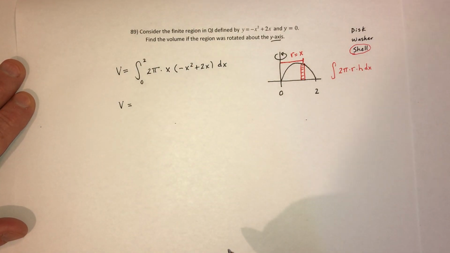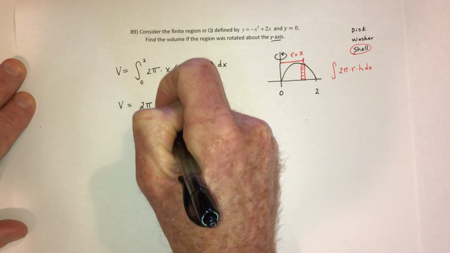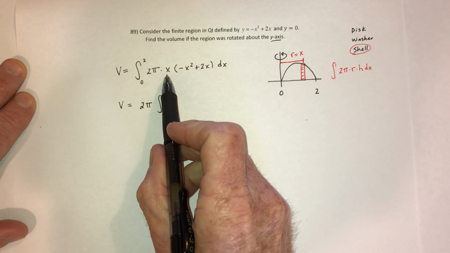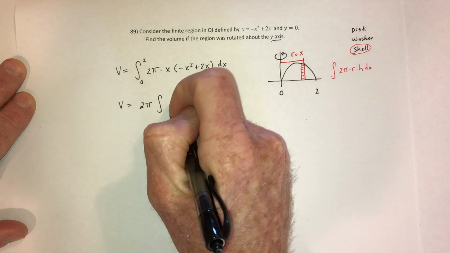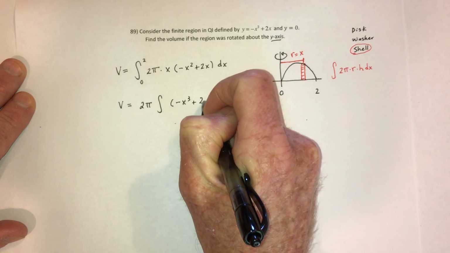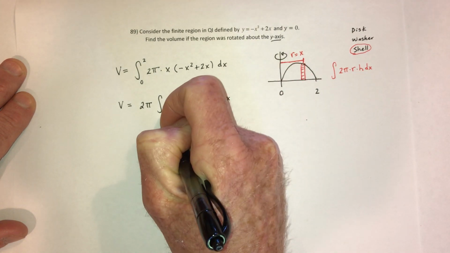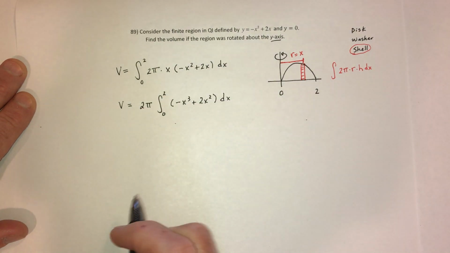So before integrating, I'm going to do a little bit of algebra. One is factor out the 2 pi, and then go ahead and distribute this x. So then there would be negative x cubed plus 2x squared, and we're integrating from 0 to 2.